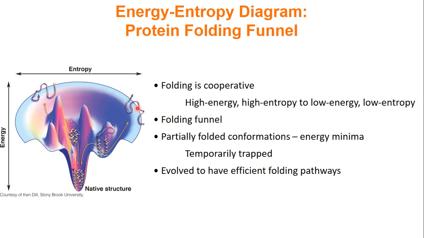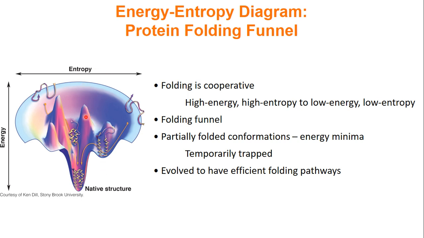It can form a lot of different conformations, but the water has to interact with the hydrophobic residues, so that is high energy. As it folds, a protein usually has a specific path or paths it goes down. In this folding funnel, as it becomes more native, the energy decreases and the entropy also decreases.